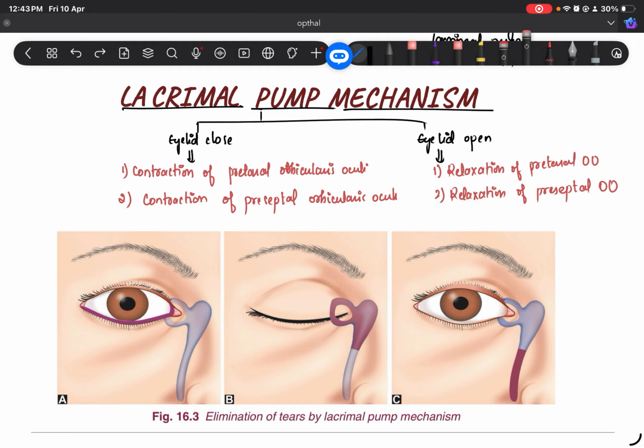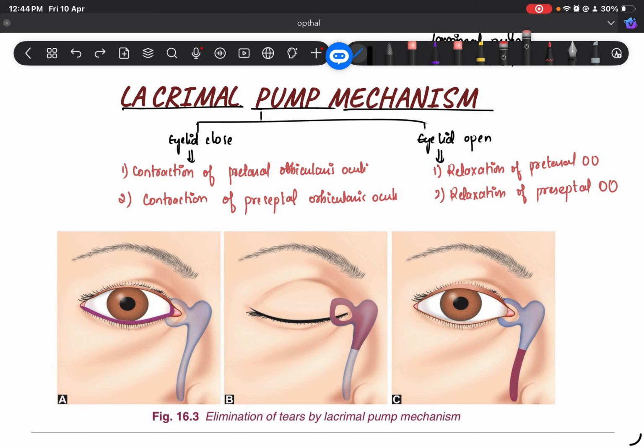Now when eyelids are open, there is relaxation of pretarsal orbicularis. Tears collect into the marginal strips when you open eyes. When you close eyes, there will be drainage into the canaliculi by contraction of pretarsal orbicularis, and due to the negative pressure and contraction of preseptal orbicularis oculi, drainage from canaliculi into the lacrimal sac.